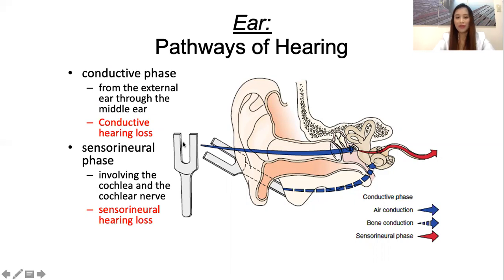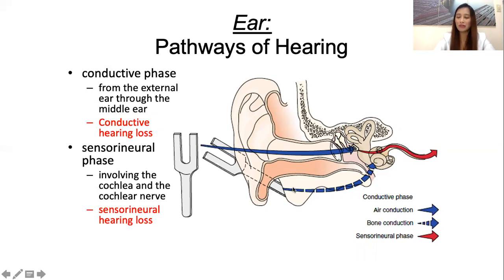Your conductive phase can have two kinds. Now you have your air conduction, where the vibration of sound travels through air, and you can also have an alternative pathway called the bone conduction. For example, the vibration is felt in the bony area of your mastoid process.